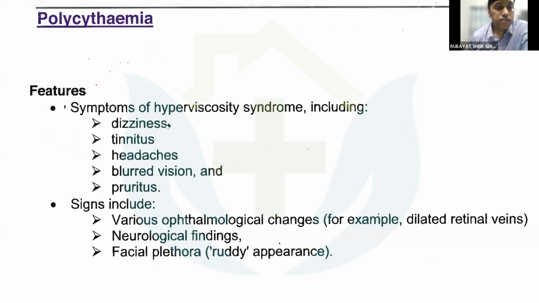You have patients being dizzy, having tinnitus, headache, blurred vision. Pruritus is a very interesting clue for polycythemia patients. You may have ophthalmological changes because of the hyperviscous retinal vessels, neurological findings, face is plethoric. These are common features of polycythemia.